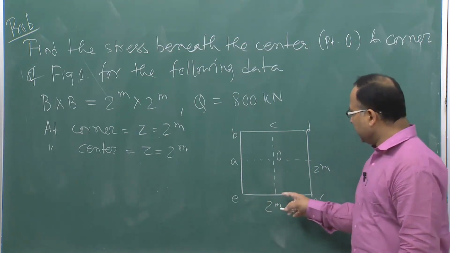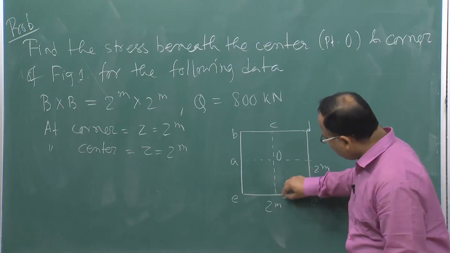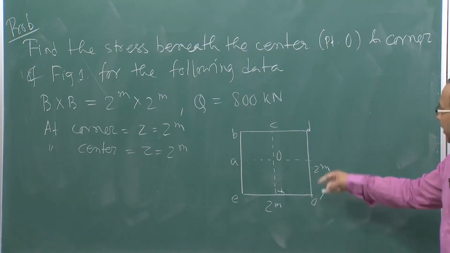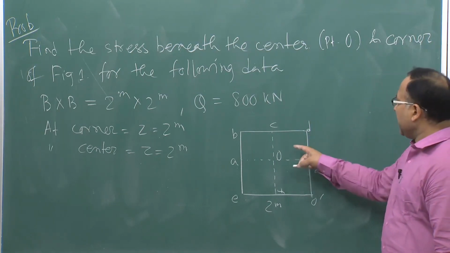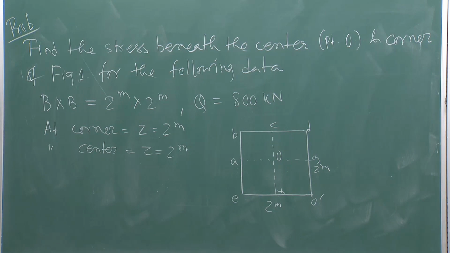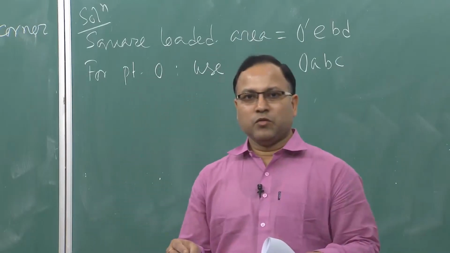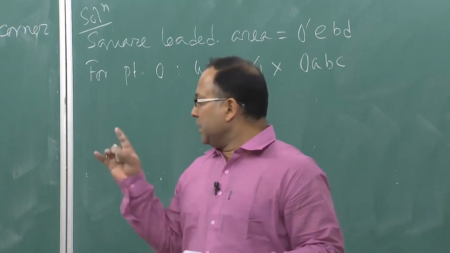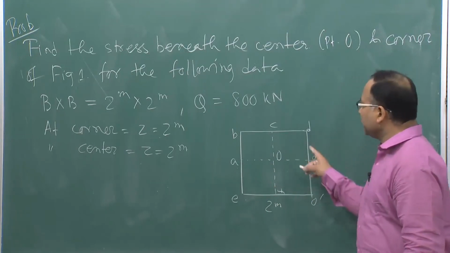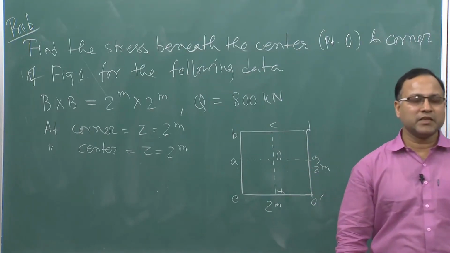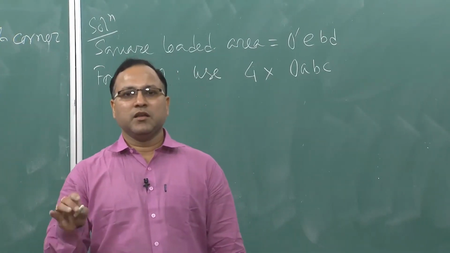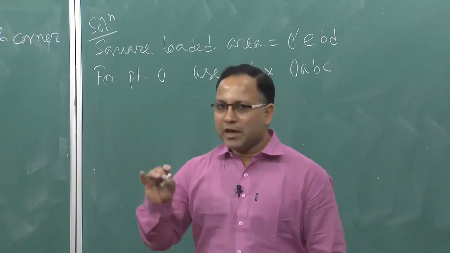So, what are the 4 different squares? OABC, OAEF if you say this one is F, and O prime some point and OCD. So, this point is, say, G. So, OCDG, right. So, these 4 things, and you can use the method of superposition. Each part will give you some stress at this point, so 4 times of this area will be the stress at point O, because point O is not the corner point in the actual area.